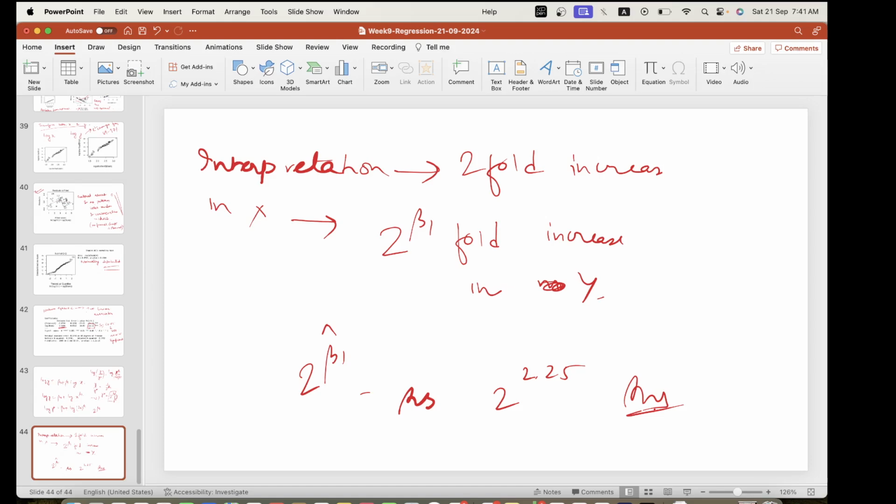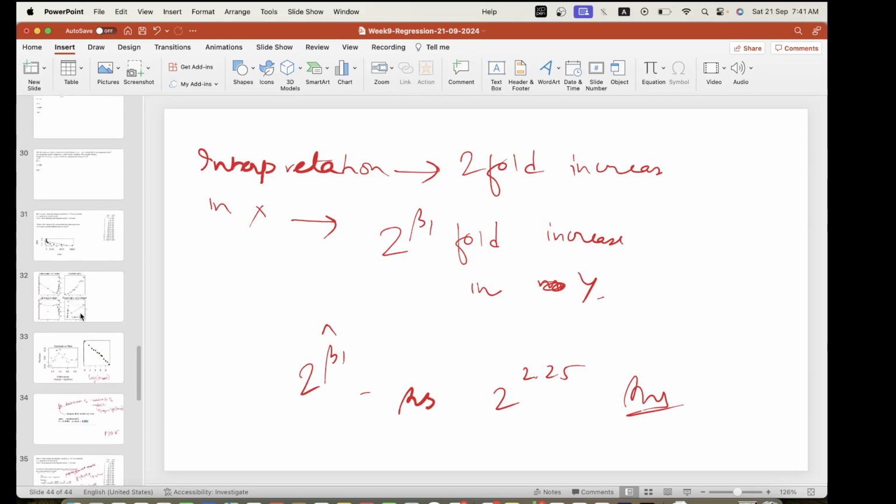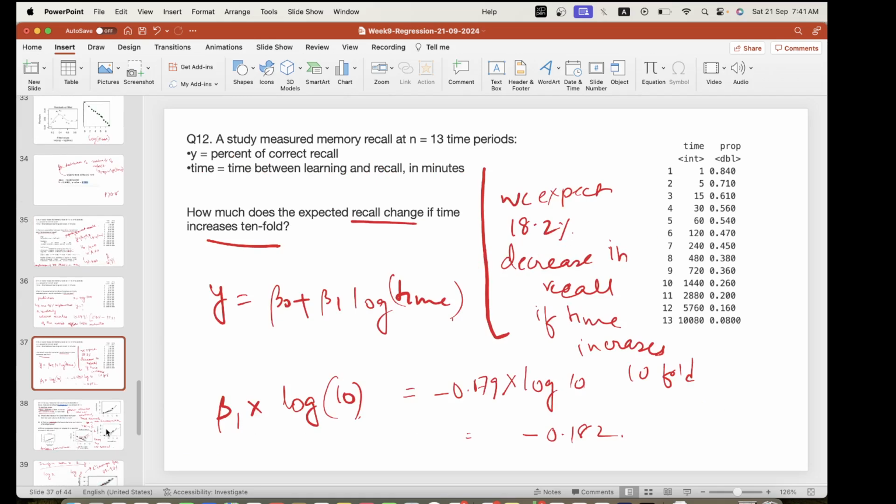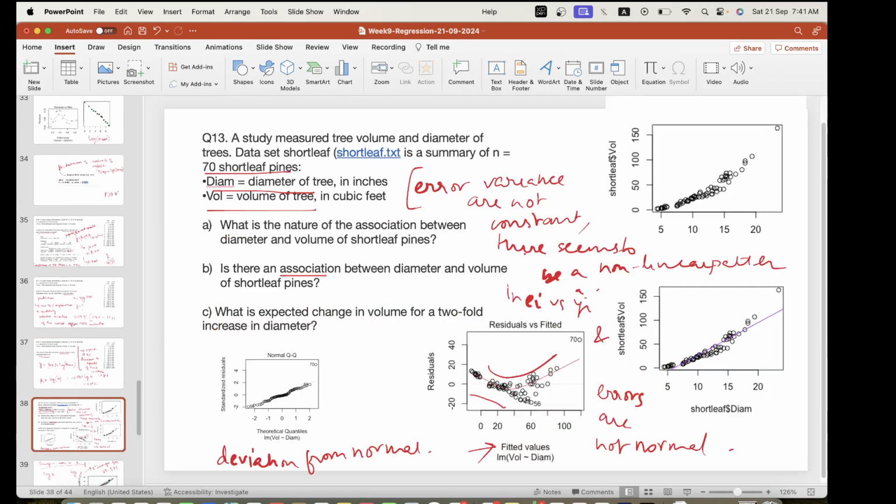So whenever we have these scenarios, these are some guidelines. Whenever we have a situation where the error variances are not constant, there seems to be non-linearity, and errors are not normal, it is usually preferred to go for a transformation of both x's and y's.